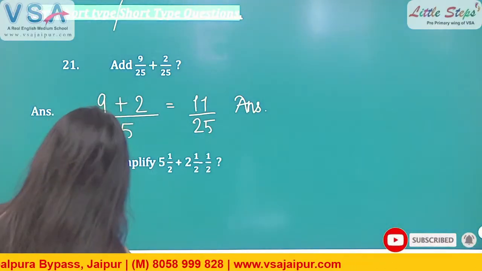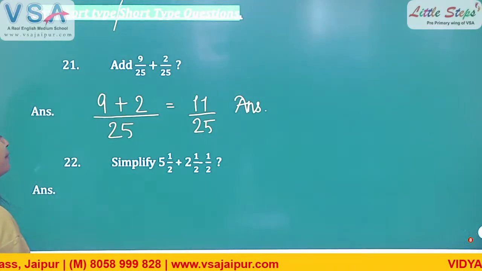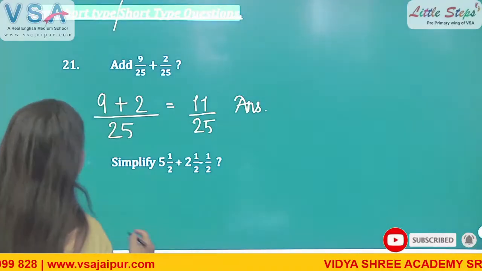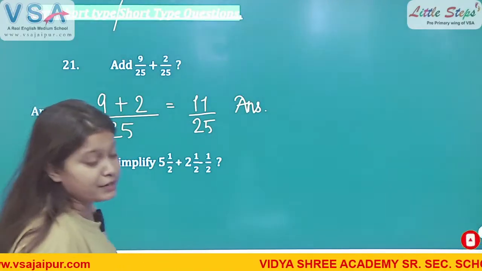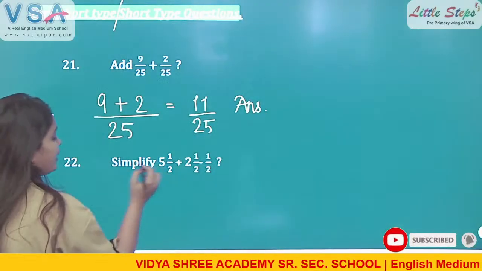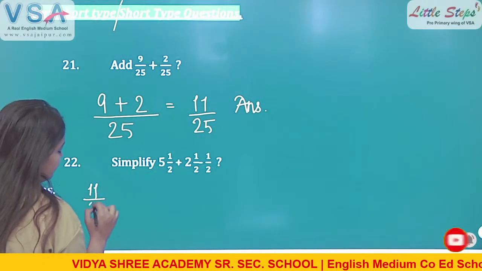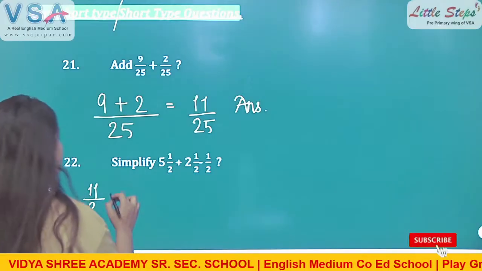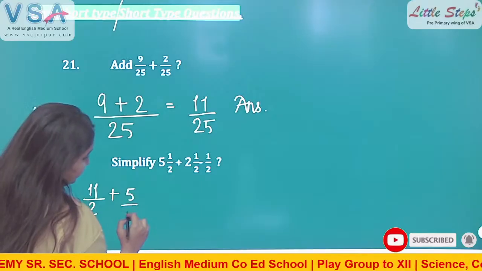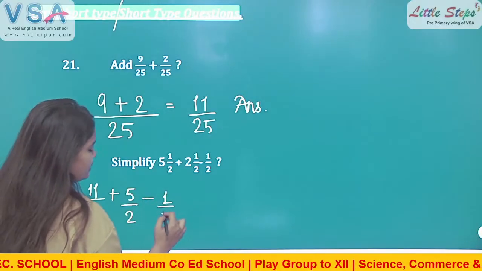Clear? 22nd question, we have to simplify 5 1 by 2 plus 2 1 by 2 minus 1 by 2. First of all, we need to make them improper fractions. 2 fives are 10 plus 1, 11 by 2. We need to solve them like this. Then 2 twos are 4 plus 1, 5 by 2, and we have 1 by 2.